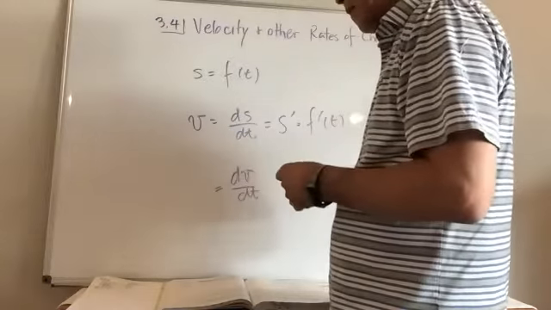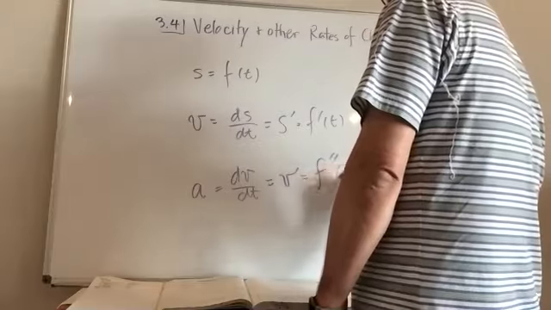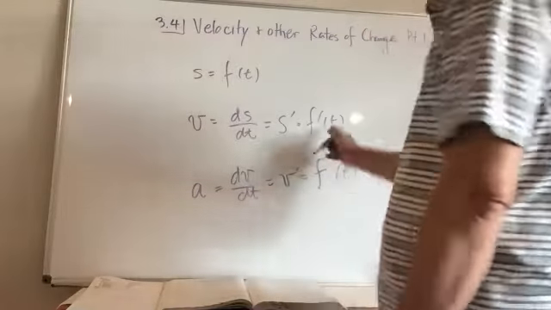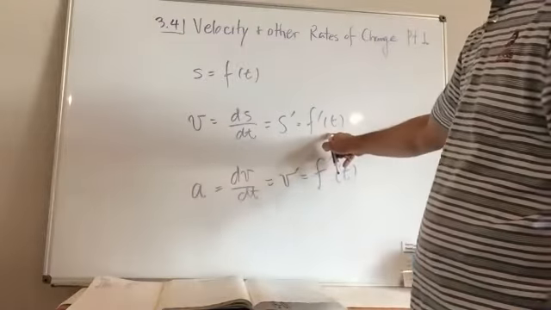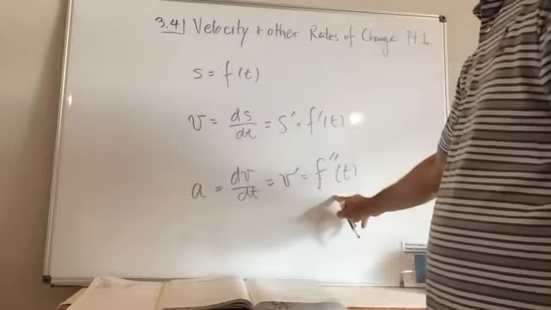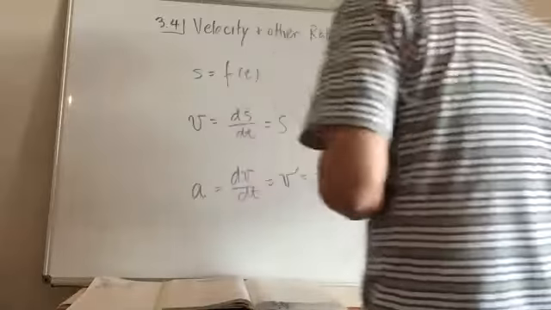So acceleration is dv dt or v prime, which is basically f double prime of t, right? I took the derivative here once, and I'm taking it again.